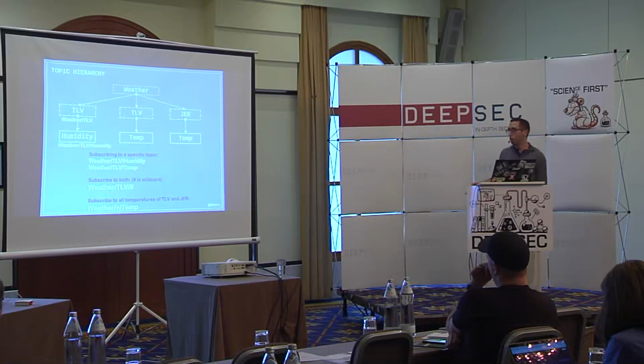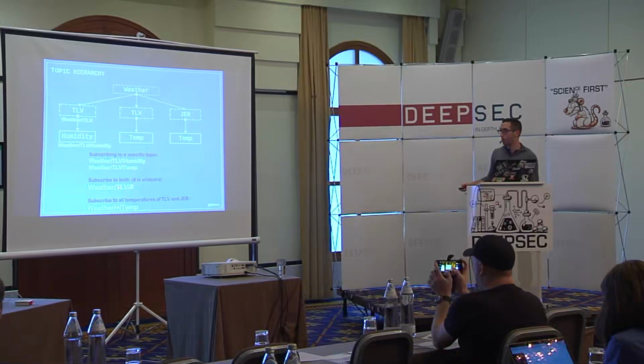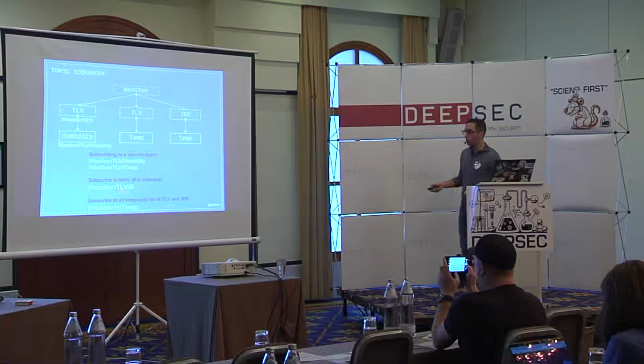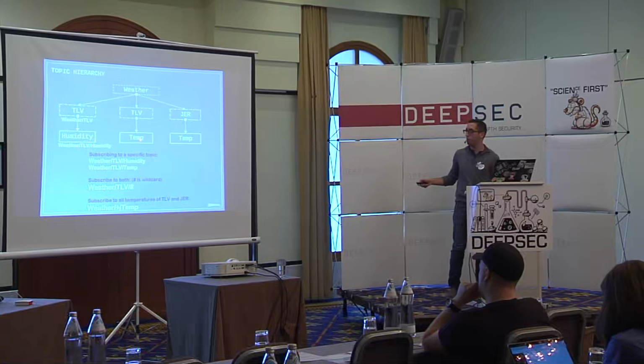If we don't know, or if we don't want to know the exact subscription path, and we just want to be subscribed to any kind of TLV topic, we subscribe to weather/TLV/# (pound or hash). When we are subscribing to a hash, it's like a wildcard. You will have anything under TLV. So with one subscription, you are subscribed both to humidity and to temp.